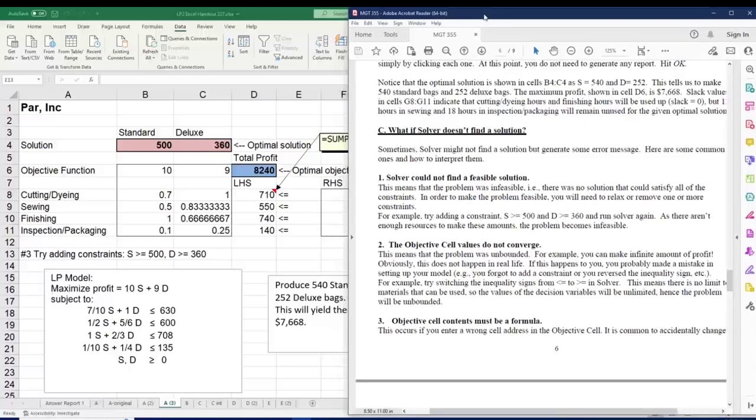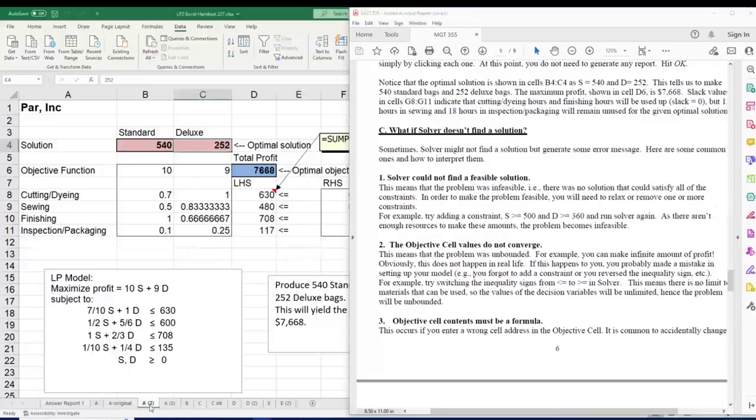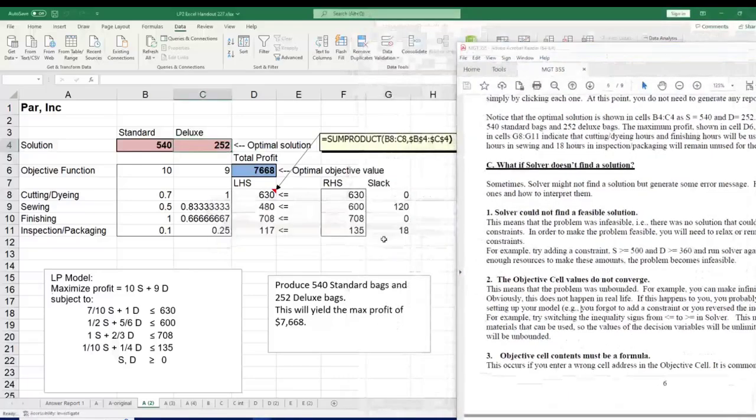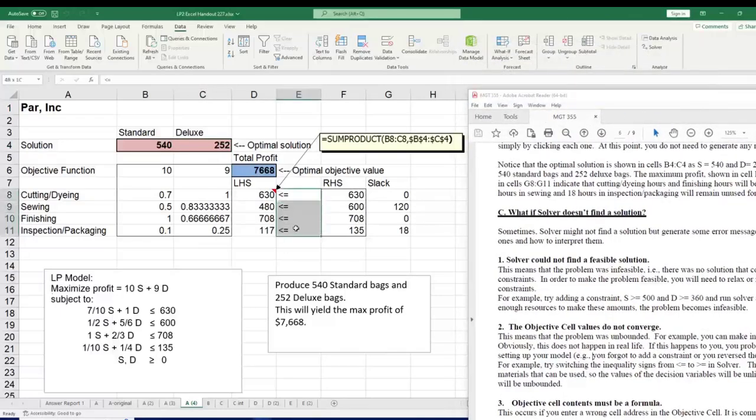If you make some mistakes somewhere, then you might get a message like this. So for example, let's go over to A2 and make another copy, and we'll say yes to all. Okay, so this is a copy of the original problem. So what if, instead of doing less than or equal to here, I did greater than or equal to?